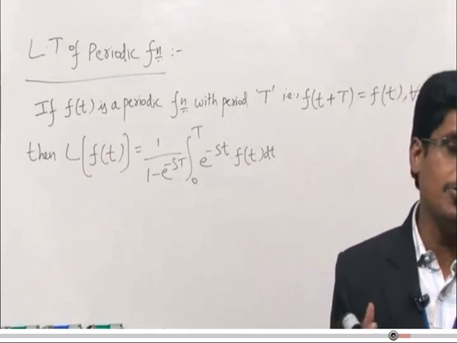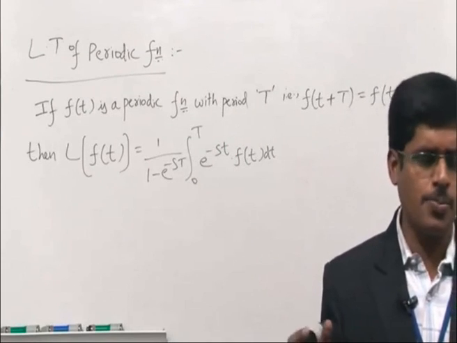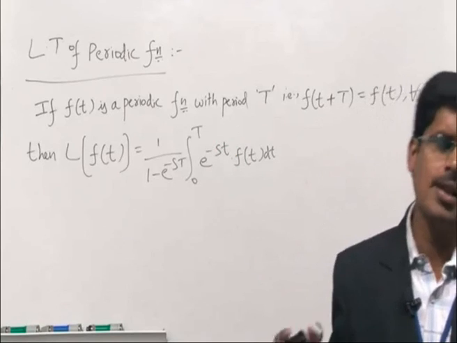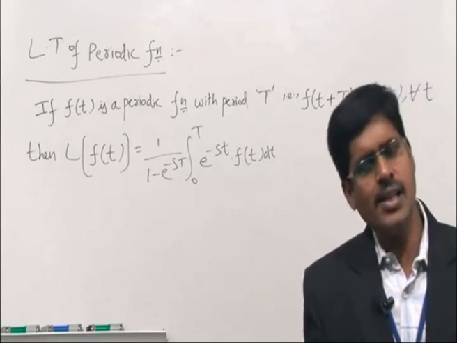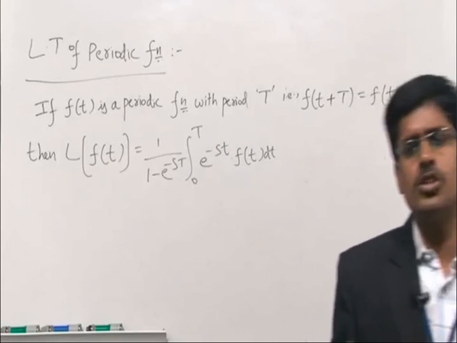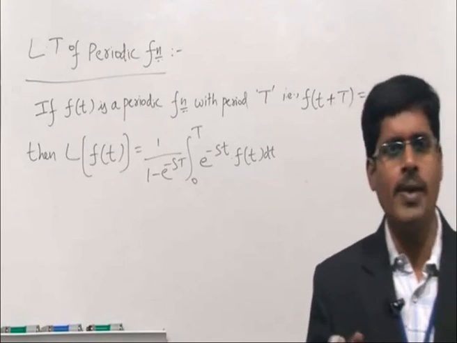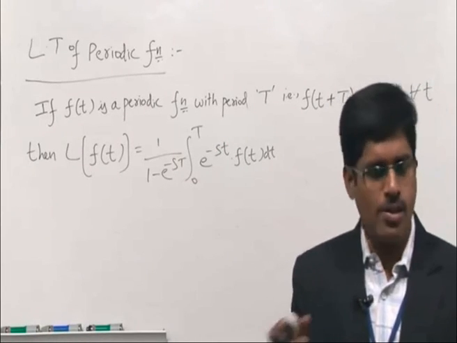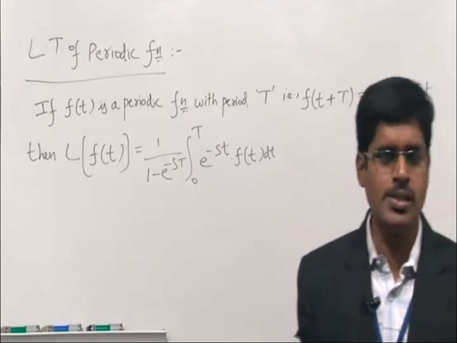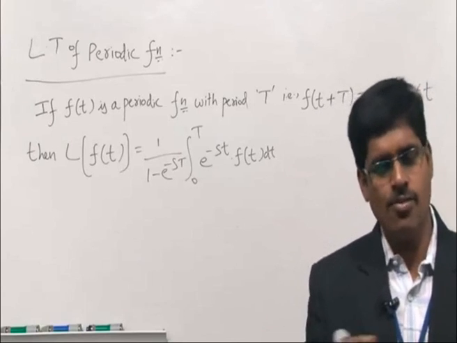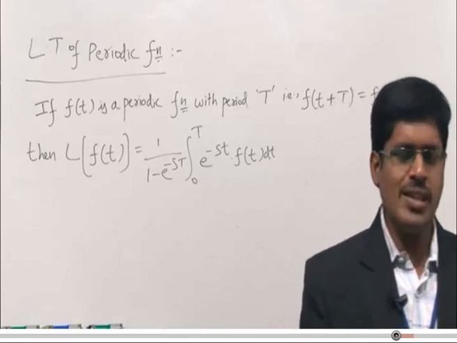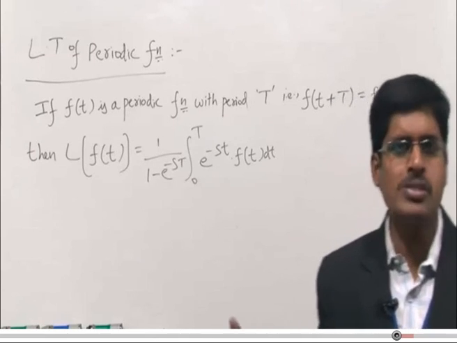Suppose the sin x graph, we know 0 to 2 pi, how to draw and how to plot the points: x values, y values, and then joining the points by a smooth curve. After getting the curve of sin x between 0 to 2 pi, whenever you want 2 pi to 4 pi, it is not required to find the x values, y values again, plotting all these points and joining them. Whatever the graph is from 0 to 2 pi, it gets repeated from 2 pi to 4 pi, 4 pi to 6 pi. Okay.